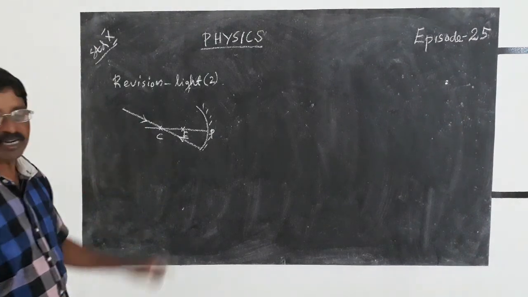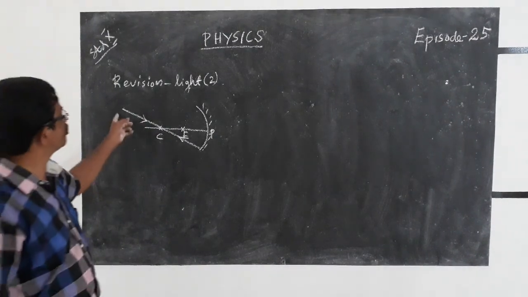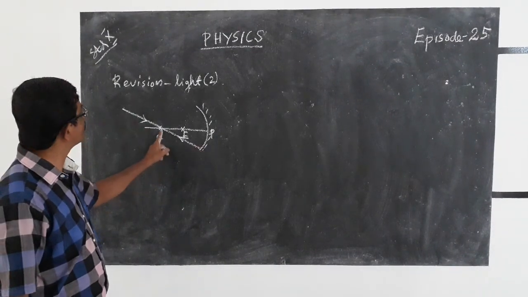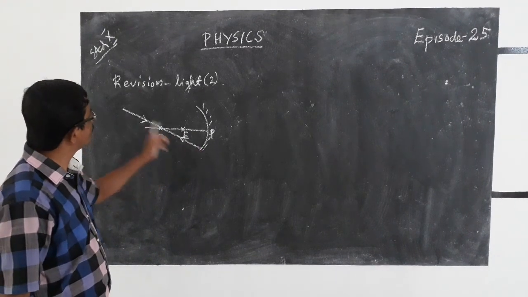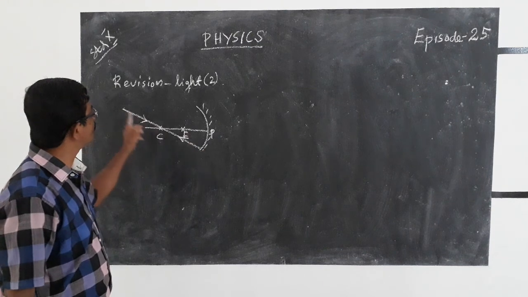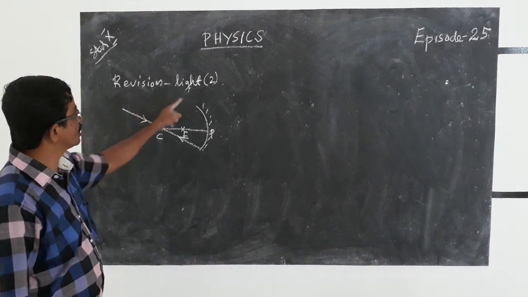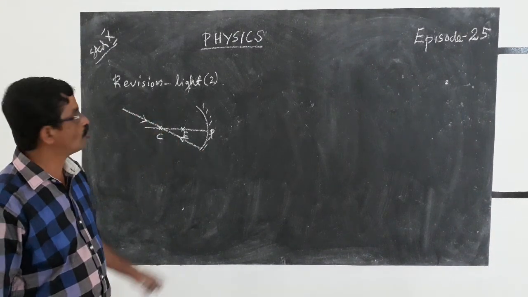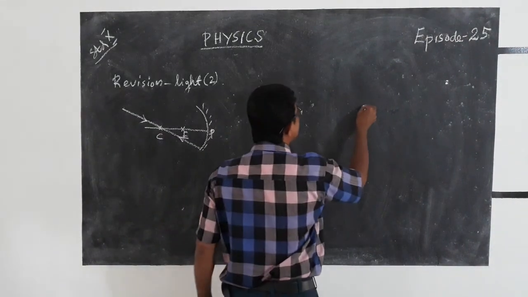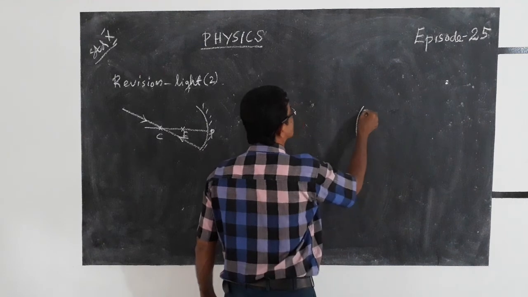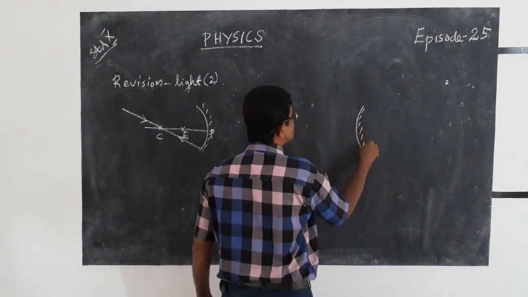Now you want to remember, if the ray is incident on the mirror through its center of curvature, after reflection it retraces or travels along the same path in the case of a concave mirror. Now you observe the case of a convex mirror.